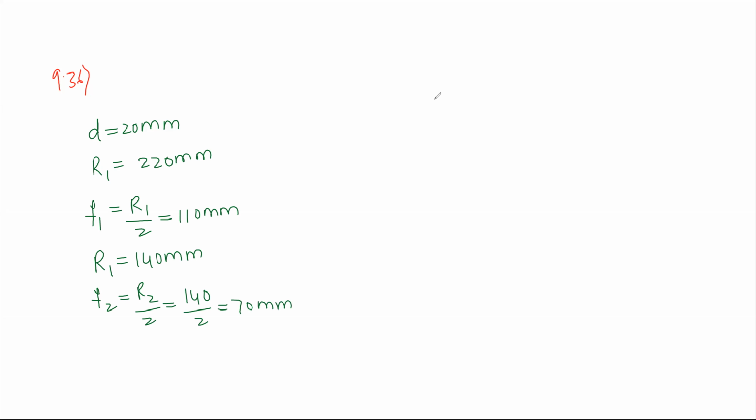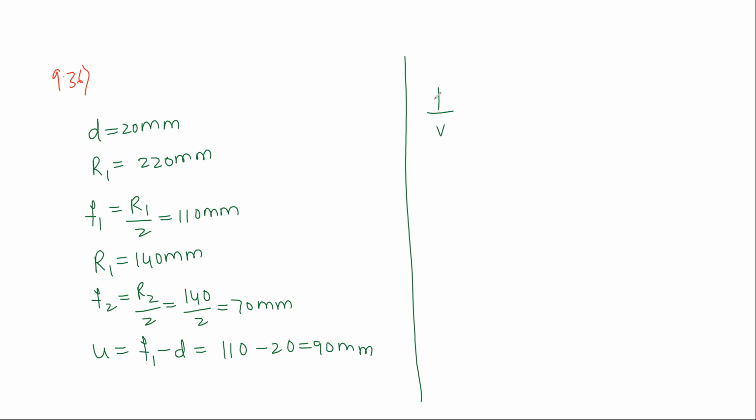So hence the virtual object for the secondary mirror is calculated by u is equal to f1 minus d. So that is calculated by taking the difference, 110 minus 20, is equal to 90 millimeter. Applying the mirror formula for the secondary mirror, we can calculate the image distance using the formula 1 by v plus 1 by u is equal to 1 by f2.